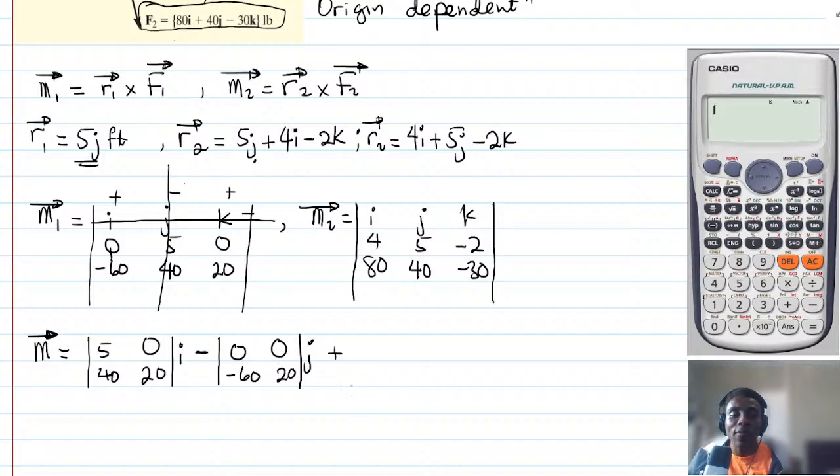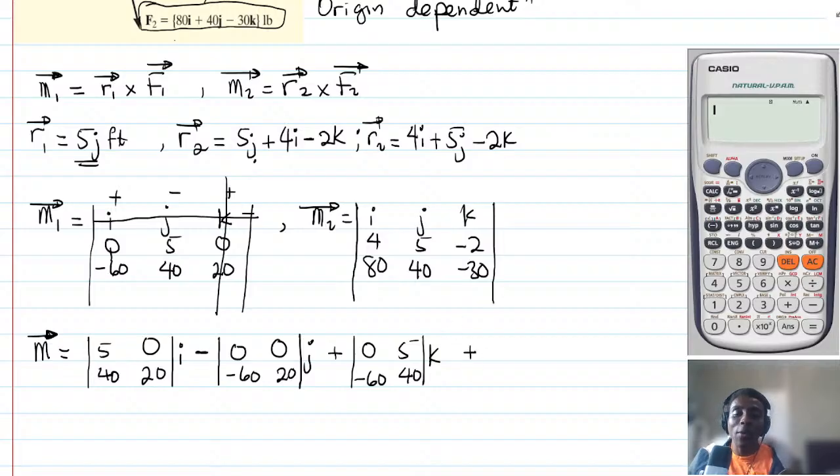Finally, you come and put the arrow here, cancel all of this, write what you have: 0, 5, minus 60, 40, k. So that is for the first one. Now let's look at the second one.